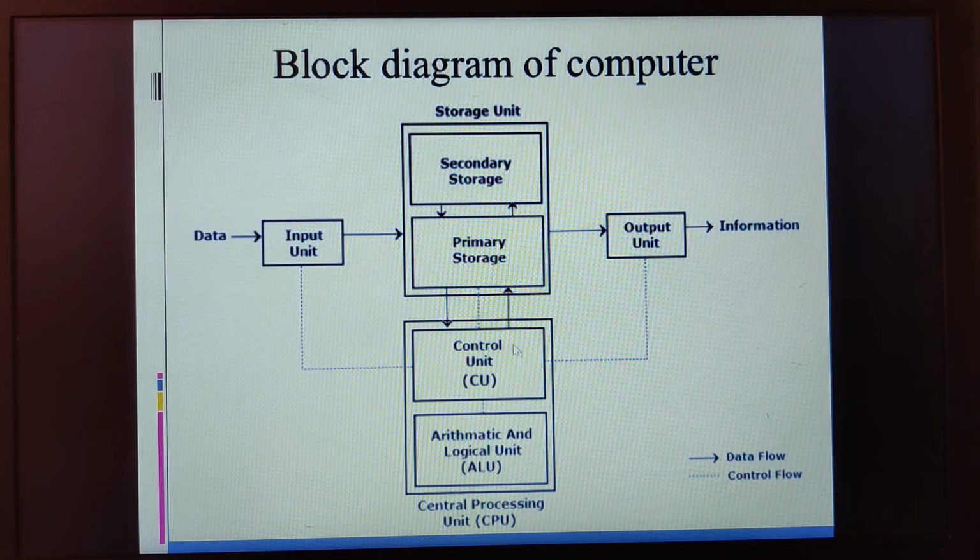This is the only unit that is capable of reading, interpreting, and processing the data. That is why the CPU is considered the brain of the computer system. I hope you are able to understand. Even now, when I am teaching you directly, your brain does not simply store whatever I am telling. It first reads the instruction, that is, you listen.